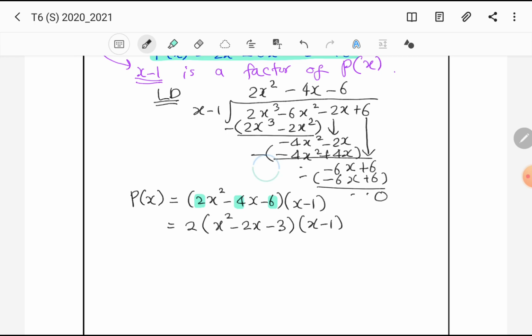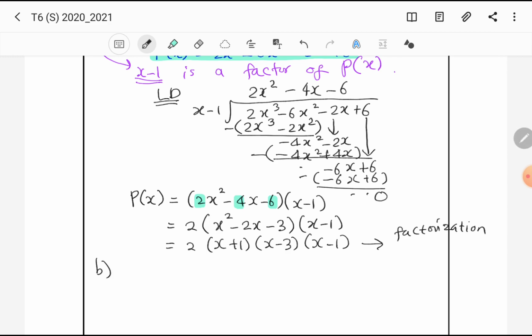Okay, equals to 2 of x plus 1, x minus 3, x minus 1. Okay, inilah jawapan untuk factorization. Okay, settle.